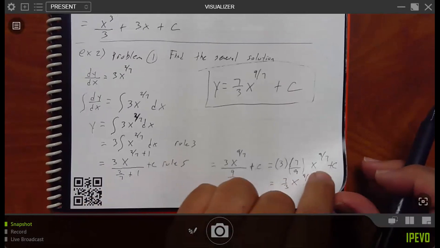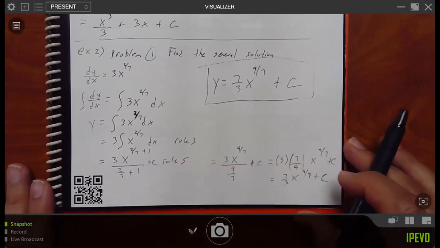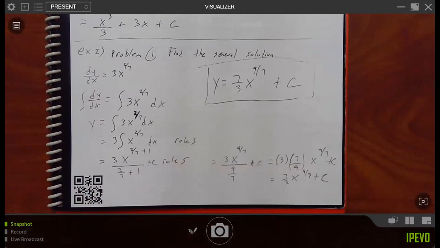So dx is just the constant, right? dx is basically telling me what variable the original function was differentiated with respect to.